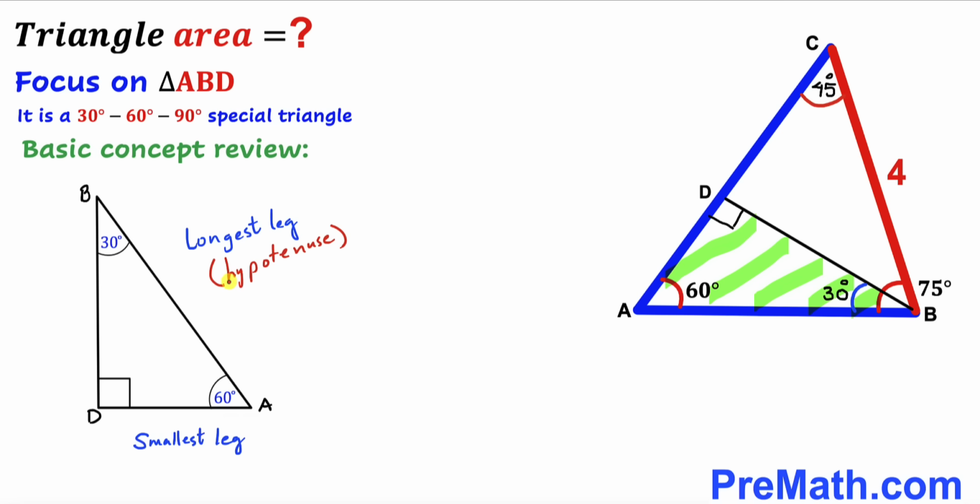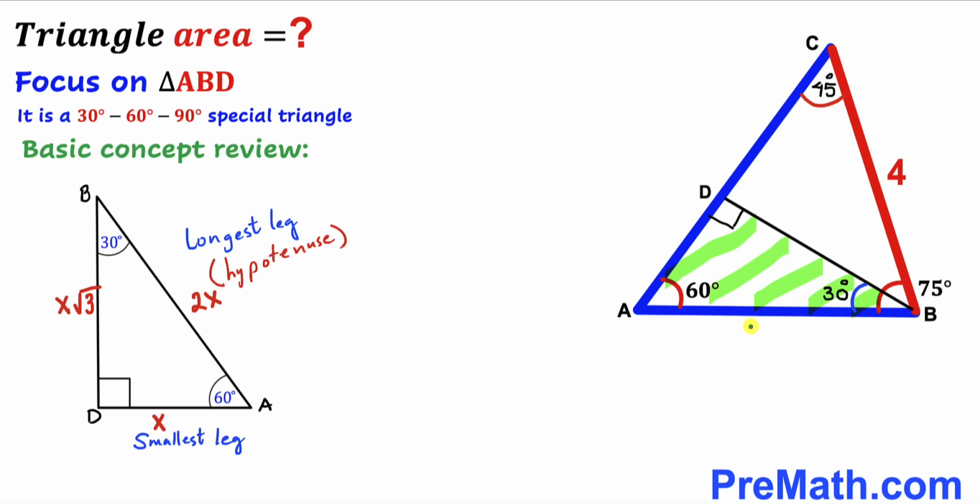In such a special 30-60-90 triangle, the longest leg is always twice the smallest leg. If the smallest leg is 1, then the longest leg has got to be 2, and the third leg is going to be the square root of 3. So in general, if I label my smallest leg as x, then the longest leg is 2 times x, and the third leg is x times the square root of 3.